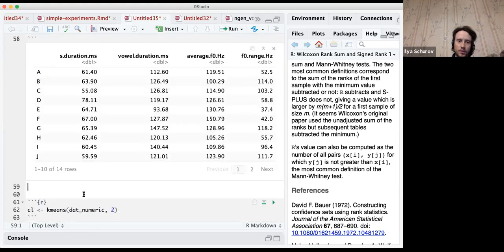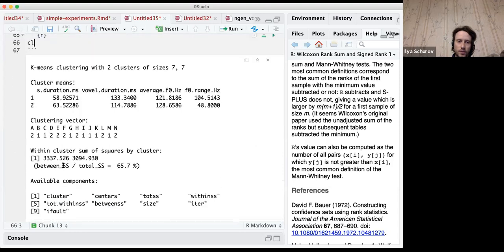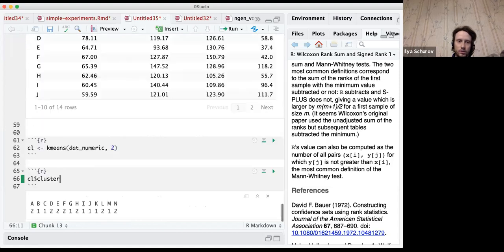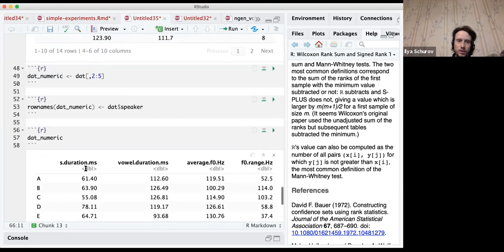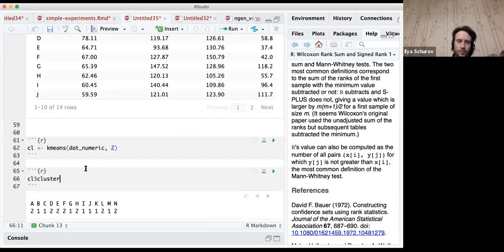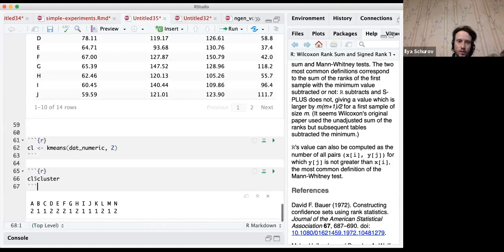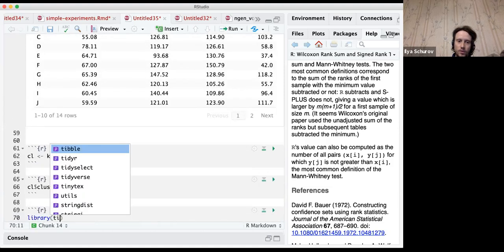So I need my this clustering. I want to add this clustering vector to my data frame. I have this variable here, so I can just say that, let me use tidyverse library.